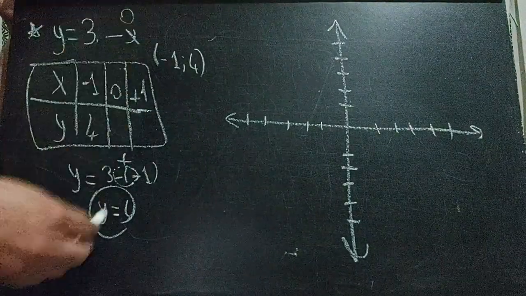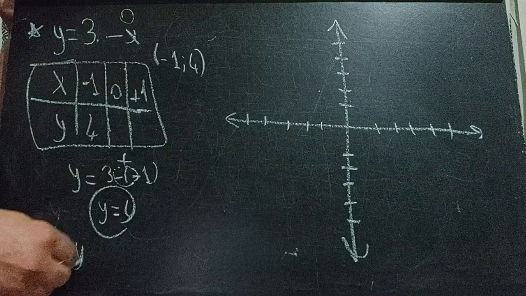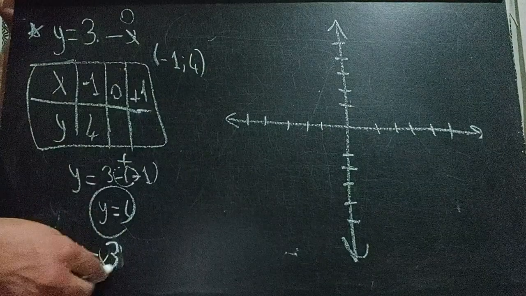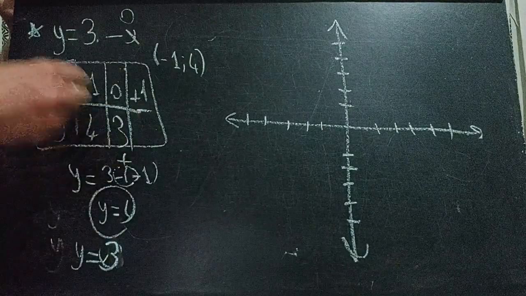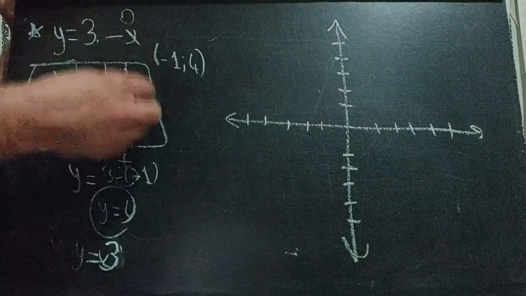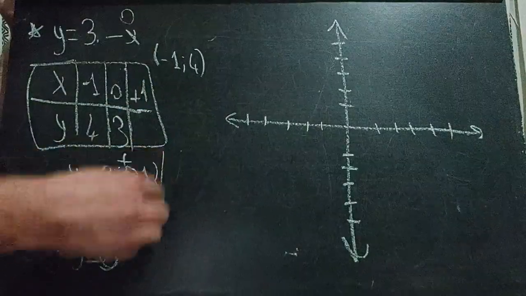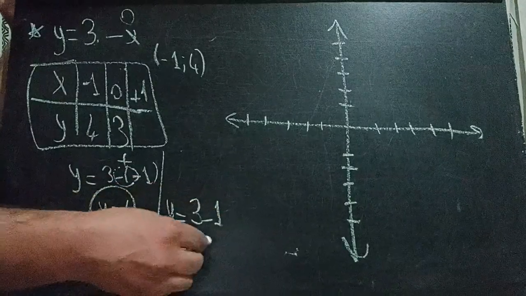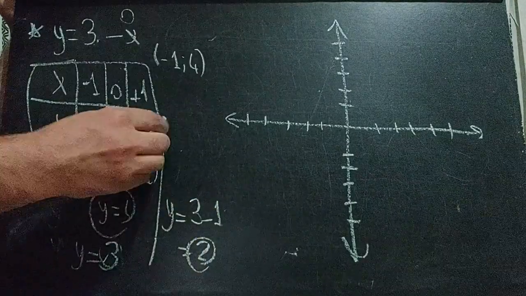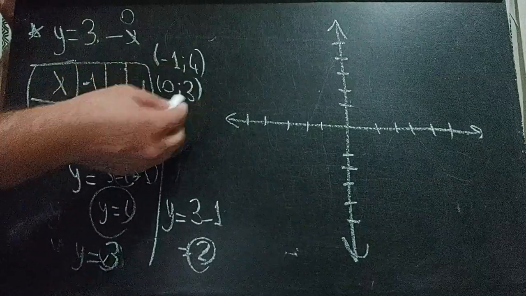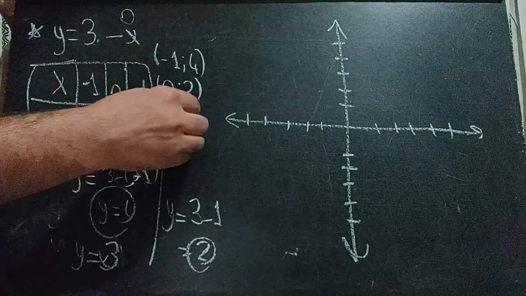When you put 0, y is going to be 3, because y equals 3 minus 0, 3. When you put +1, that will be y equals 3 minus 1, which is 2. I got the other points, which are 0, 3, and the other one +1, 2.